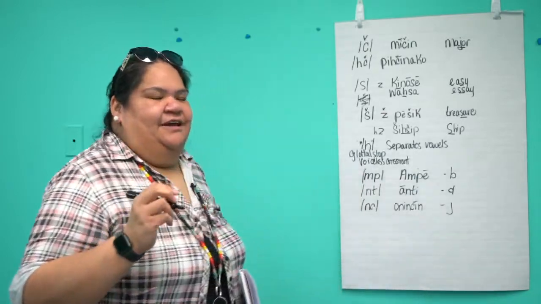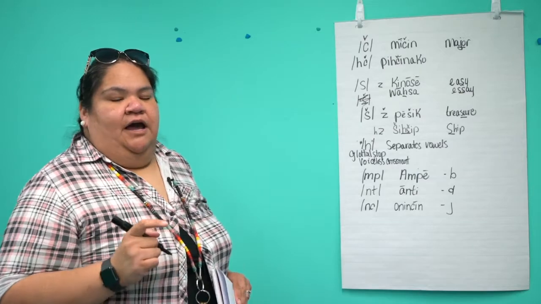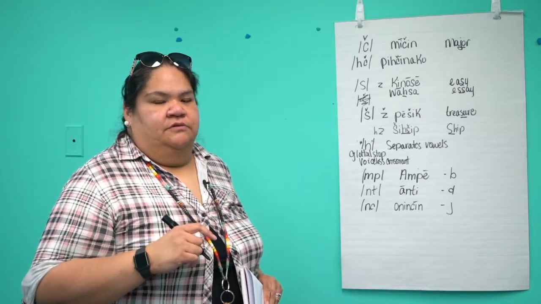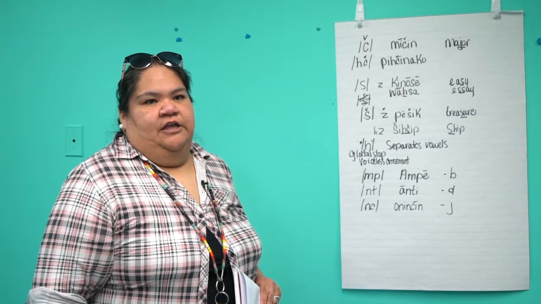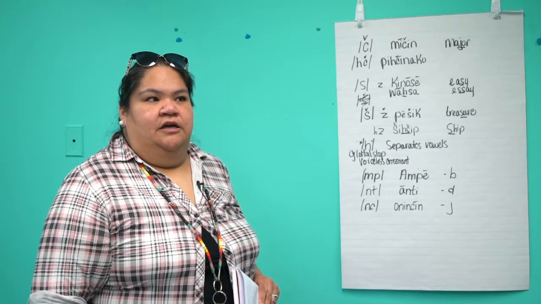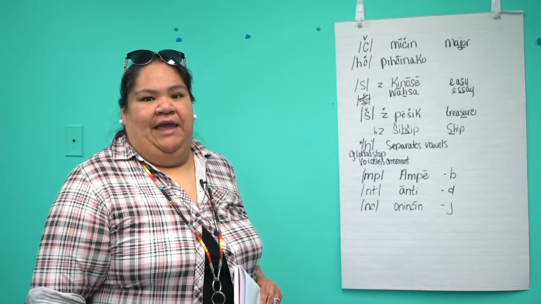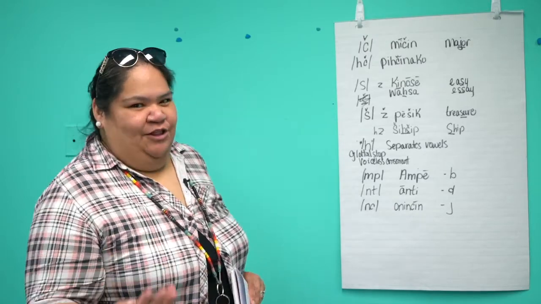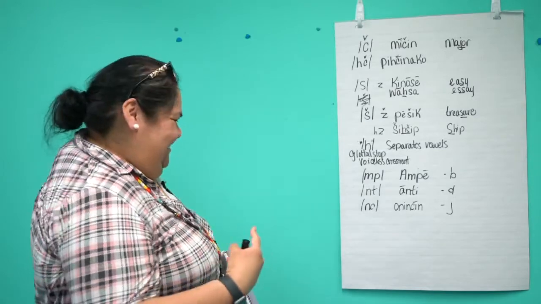This is what I get from my younger students all the time. I ask them to read a sentence about tomorrow. So they'll say something like, wasaya wapunk or wapenk, because that's how it looks when you're reading with your English eyes.